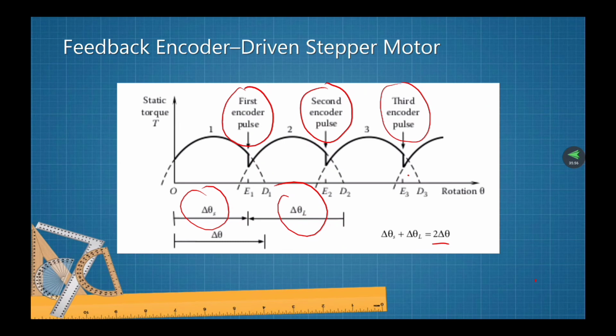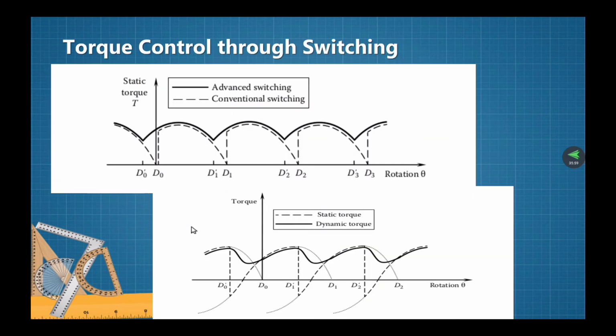This is for the feedback encoder driven stepper motor, and this is the torque control, the switching, and this is the effect of advancing the switching pulse. The broken line is the conventional switching, and this is for the advanced switching.